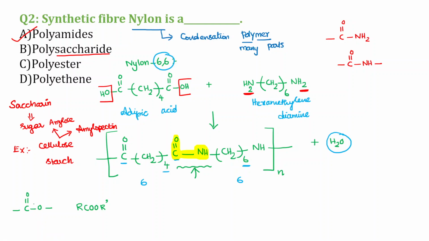So we will see one example for polyester. Polyesters like terylene or dacron can be one such example that you can consider. Let's see how terylene or dacron is prepared. Terylene is prepared using ethylene glycol. Ethylene glycol is a dihydric alcohol, CH2OH, CH2OH.